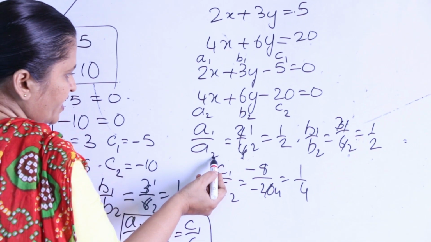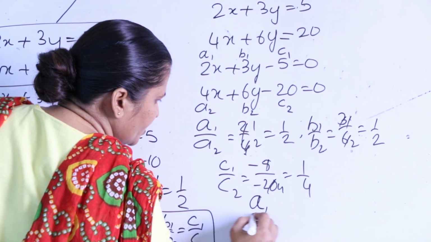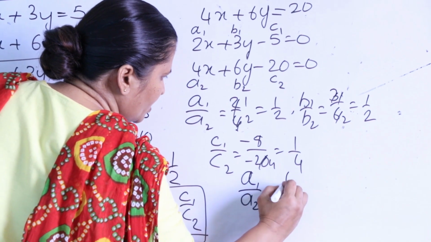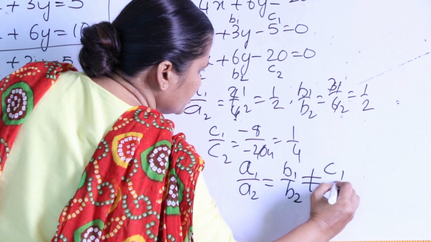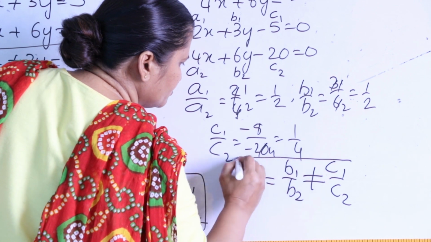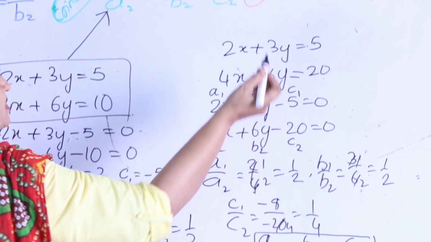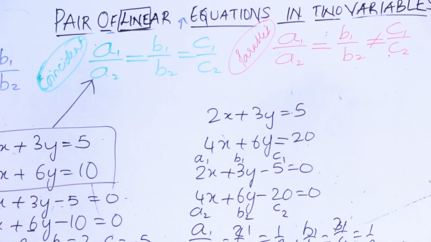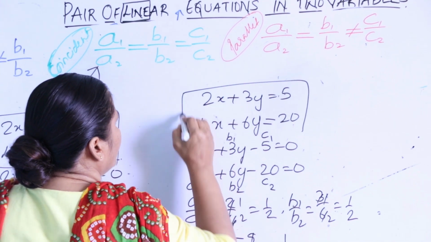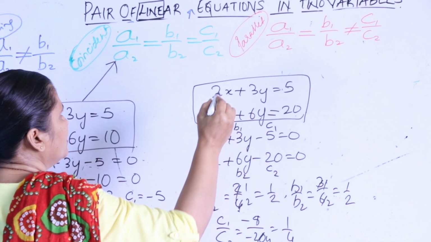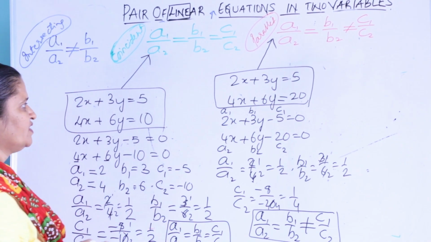Here you see a1 by a2 is equal to b1 by b2, but it is not equal to c1 by c2. Where do we get this relationship? Yes, it is a parallel relationship. So when these two equations are plotted on the Cartesian plane, we get lines which are parallel to each other.